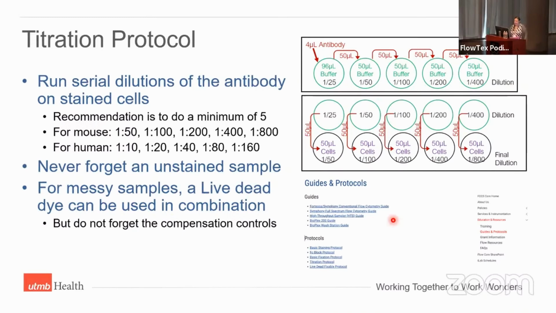It's not that hard. And if your samples are really messy, for example, liver, you might want to first titrate your live dead antibody, and then go ahead and add your live dead to your titrations. But if you're going to do that, don't forget that that may require some compensation. So please be nice to your flow core.